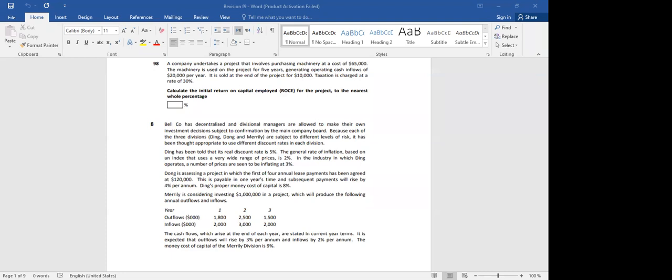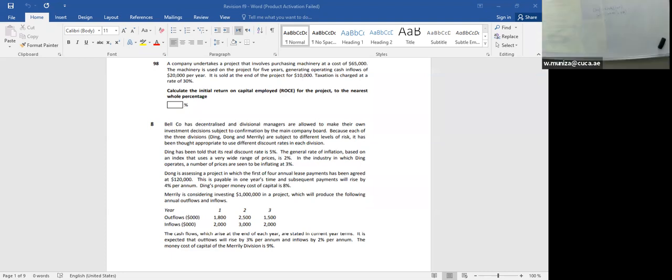Now, Angelica, whenever they tell you that cash flows are stated in current year terms, from year 1 you are going to start inflating. Current year price or current year terms, the same effect you are going to do. Same you are going to do for the inflows now.